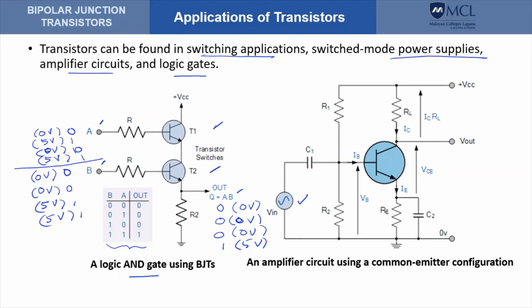This uses a common emitter configuration. The signal will pass through the capacitor going to the base, and the output is actually taken across the collector. This is the collector here, and there you will get a very large signal depending on the amplification factor of the transistor.